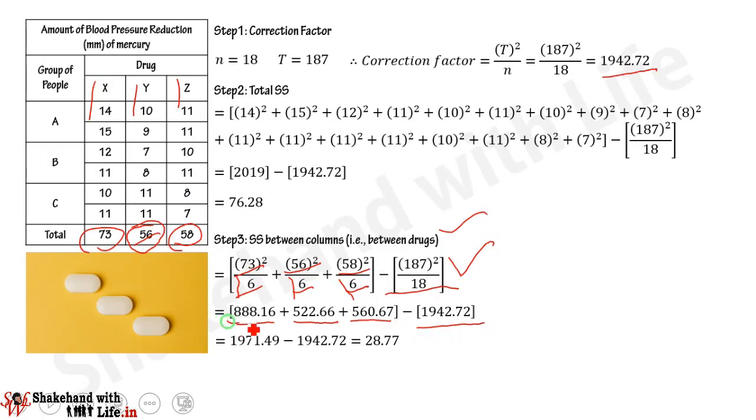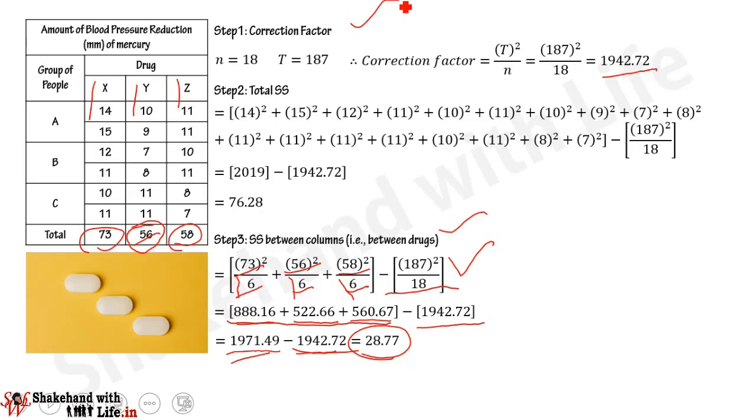Now add all these 3 numbers, we get 1971.49, and the value of the correction factor is 1942.72. When we subtract the correction factor from this value we get 28.77. So this is our sum of squares for variation between the columns.